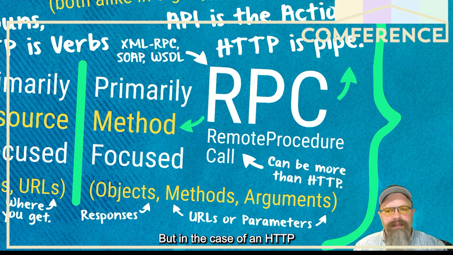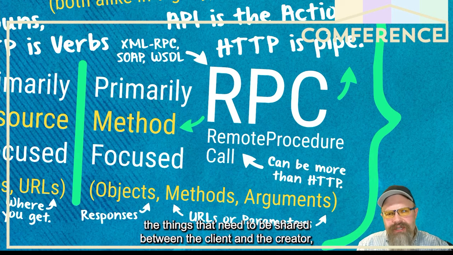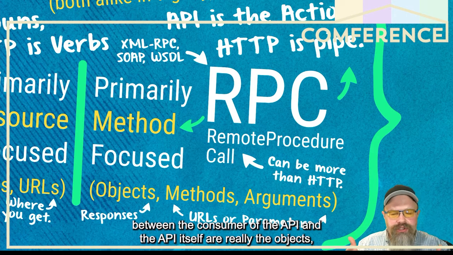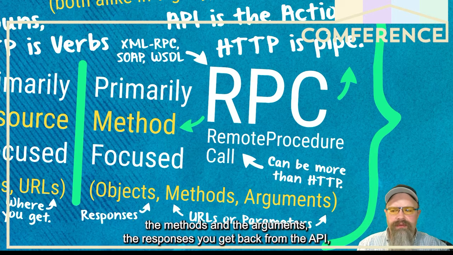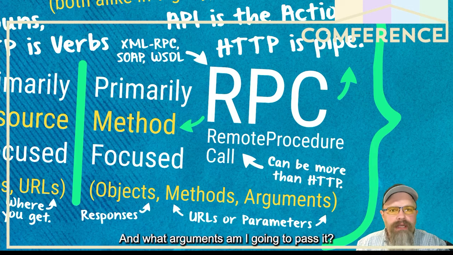But in the case of an HTTP protocol API that's RPC, the things that need to be shared between the client and the creator, between the consumer of the API and the API itself, are really the objects, the methods, and the arguments, the responses you get back from the API, and then, well, what function am I going to call remotely, and what arguments am I going to pass it?